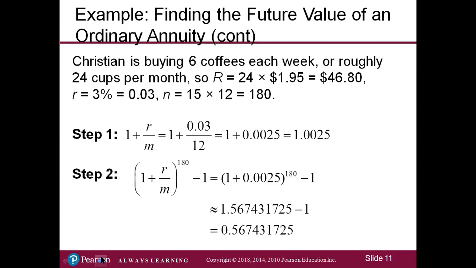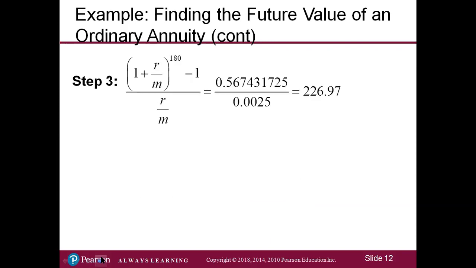1.0025. Step 2, take this quantity, raise it to the power 180, and subtract 1, which gives us the quantity 0.567431725. Step 3, take this quantity and divide by r divided by m, which is 226.97.